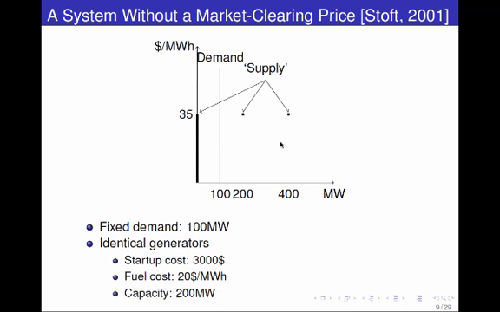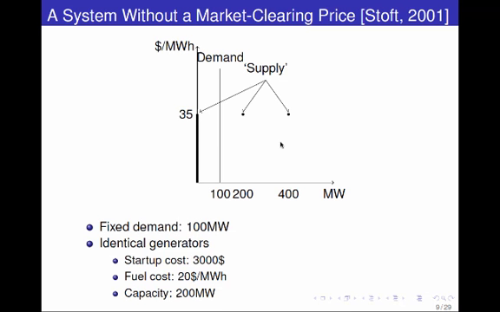So if the price were anything above $20 per megawatt hour, what would be the production? If you've already started it up, any price just above your fuel cost, you would just max out your production because you're making a bit of extra profit out of it.